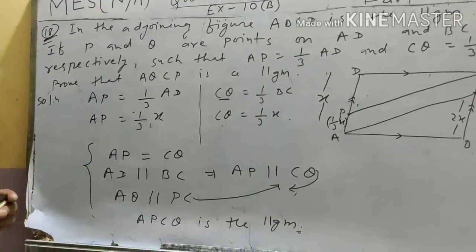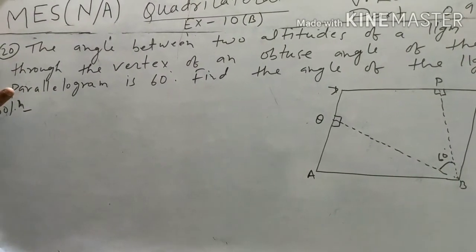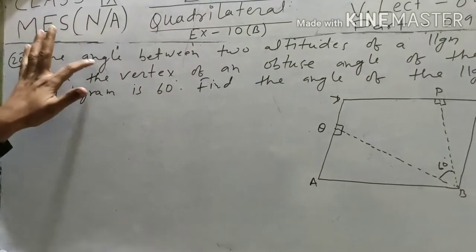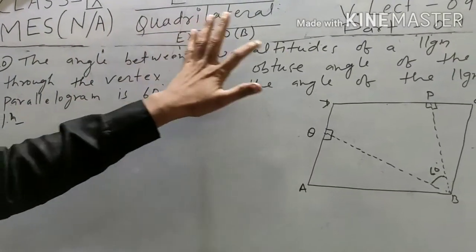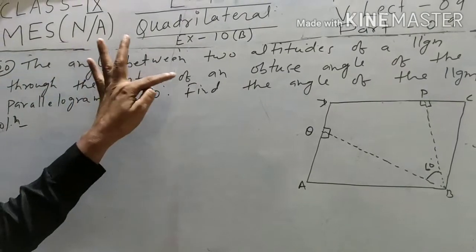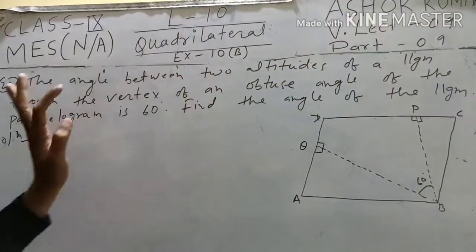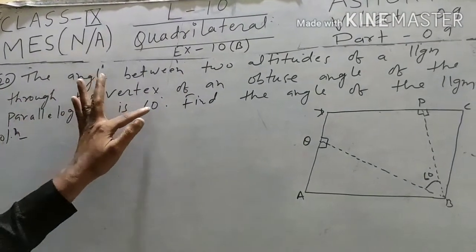So the next question is here. Question number 20. Last question, student. The angle between two altitudes of a parallelogram through the vertex of an obtuse angle of the parallelogram is 60 degree.